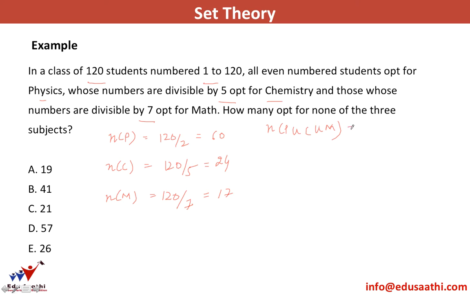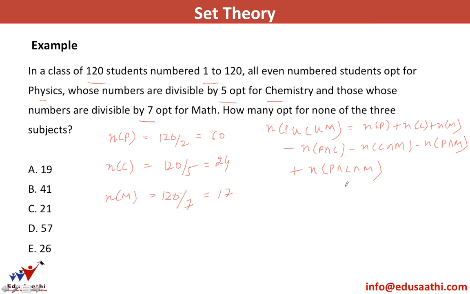So this is equal to n of p plus n of c plus n of m, minus n of p intersection c, minus n of c intersection m, minus n of p intersection m, plus n of p intersection c intersection m. This is the formula which we've already done in the previous slide.